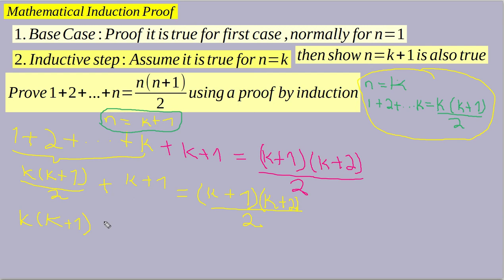I have to multiply this by 2, so I have plus 2 into brackets k plus 1, which is equal to, multiplying this by 2 takes this 2 away, so I have k plus 1 into k plus 2.